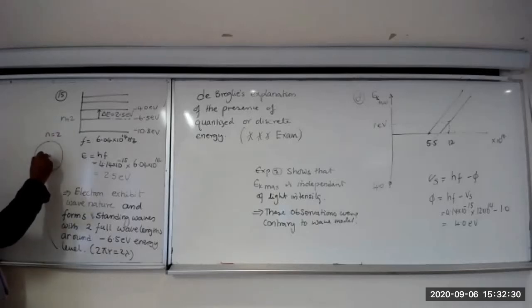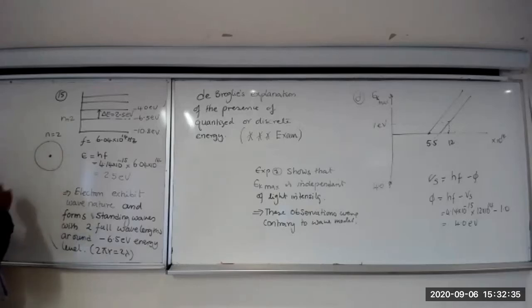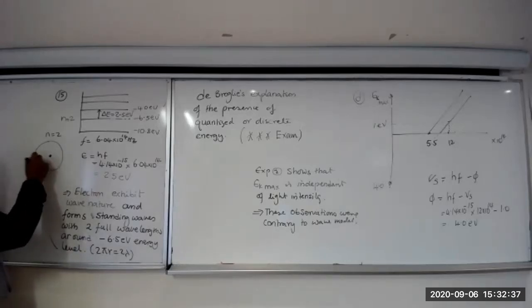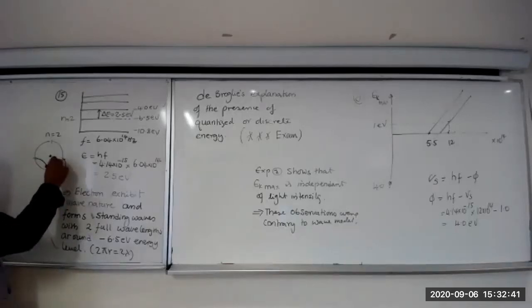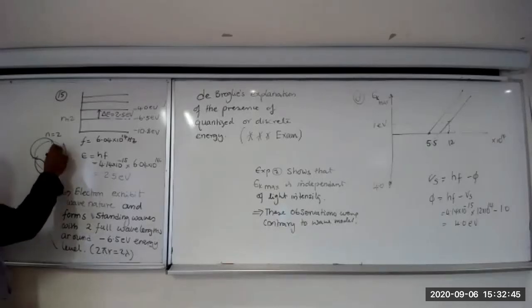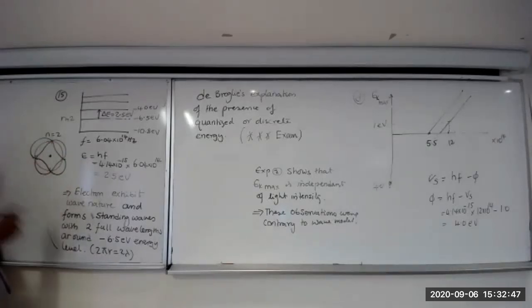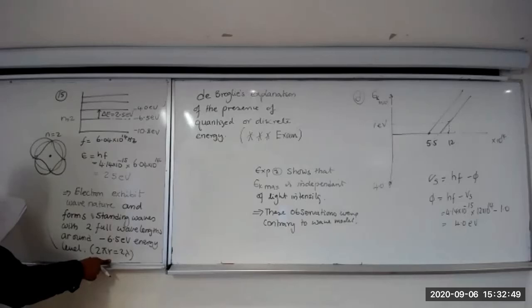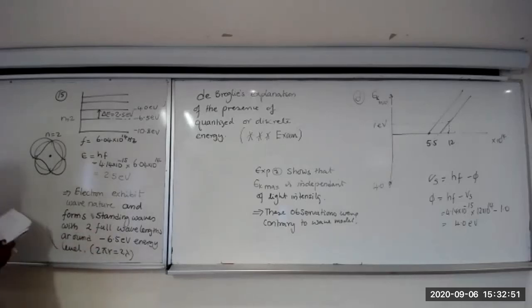That's your nucleus, so positive. N equals 2, that means you need to divide into 4. Because it can form standing waves and satisfy that condition, therefore electrons can be able to occupy.